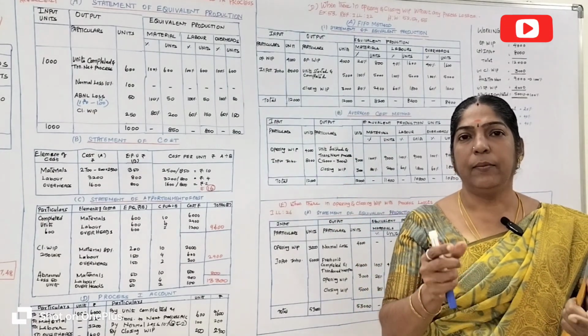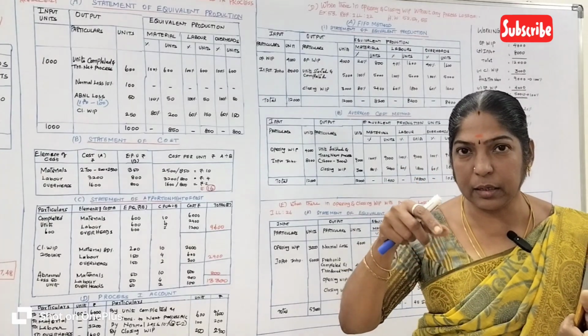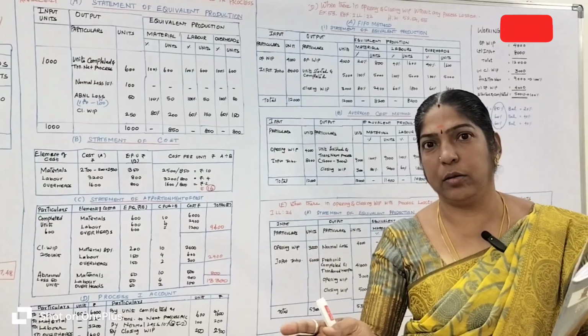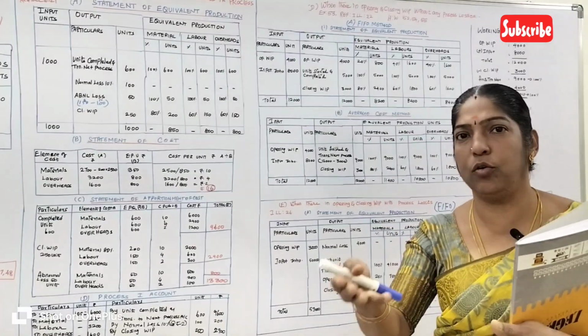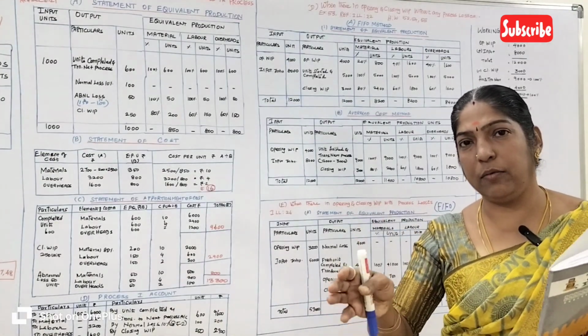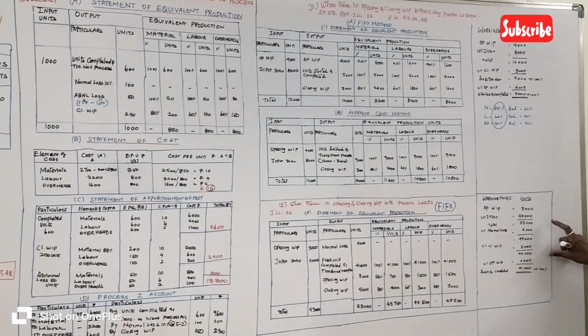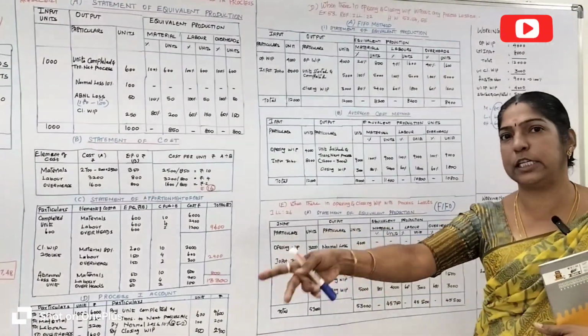Okay, listen, that fresh unit is started during the month, and the output will come within the month. The fresh units introduced will be completed in the same month. So we have a separate working note to find out the fresh units completed and transferred to the next process.